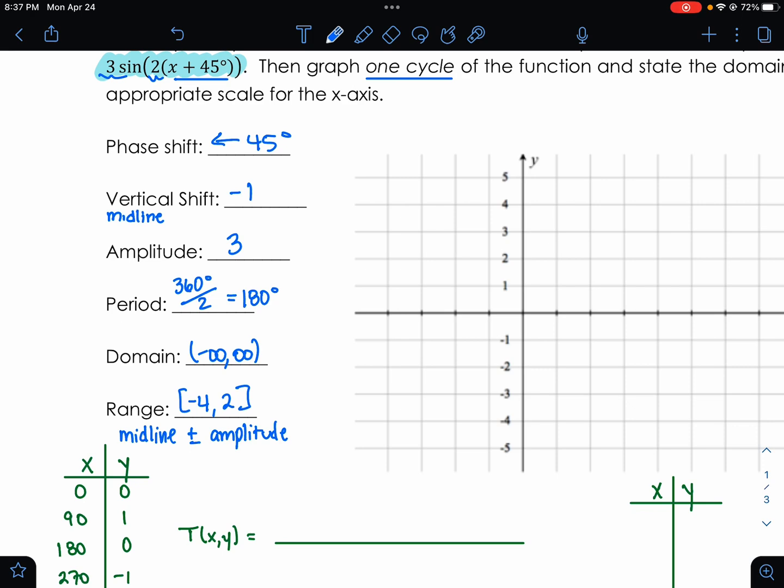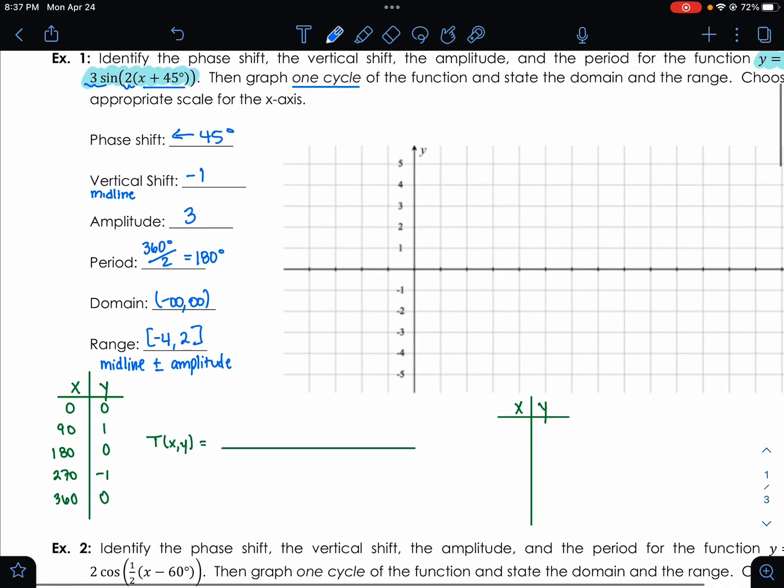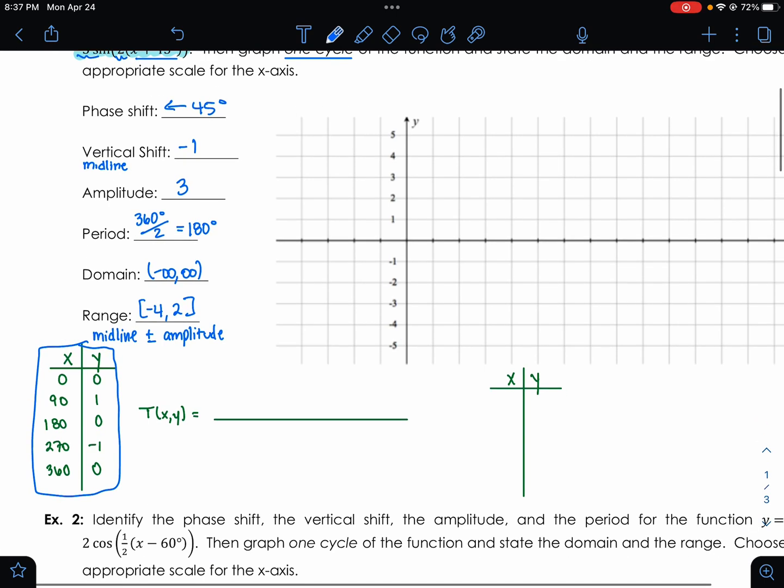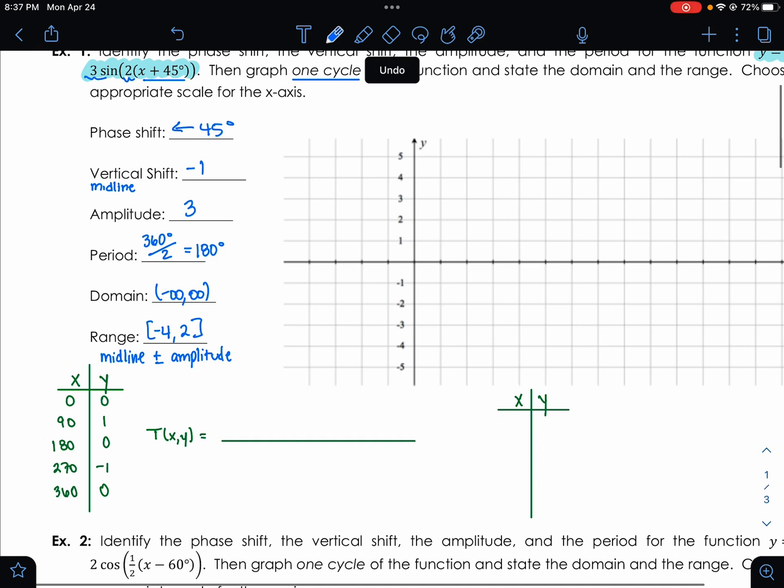Now, in order to graph this, remember, we're going to need to get our transformation or mapping notation. And then we're going to use the quadrantal angles, our nice 5 points for the sine function, in order to get our 5 new points for our graph. And so again, looking at what our mapping notation is, we need to figure out what's happening to the x values first.